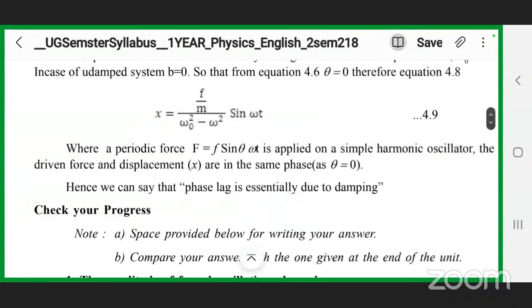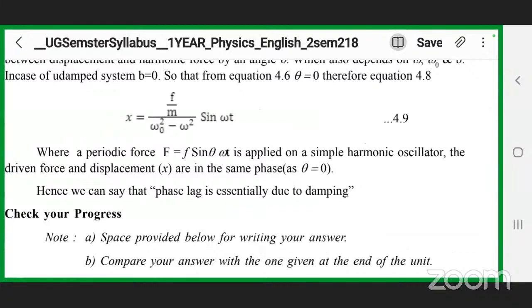So when a periodic force F equals F sine omega t is applied to a simple harmonic oscillator (SHO), the driving force and the displacement are in the same phase. Same phase means there is no angle, that is theta equals 0 degrees.